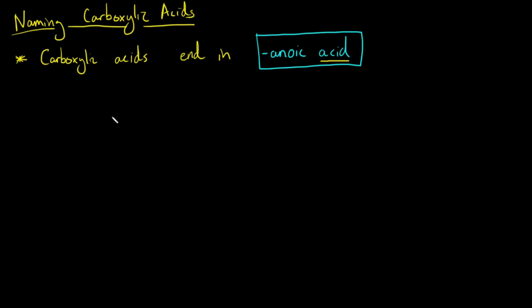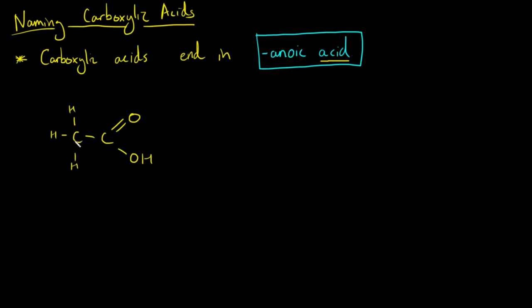Let's look at a couple here. Let's say we had a carboxylic acid with 2 carbons in it. I know straight away, looking at this molecule, that it's going to be a carboxylic acid because it contains the carboxyl functional group C double bond O OH. And as always, we just approach this like we'd approach naming any molecule. We start with our normal steps, find the longest chain of carbons that contains a functional group.